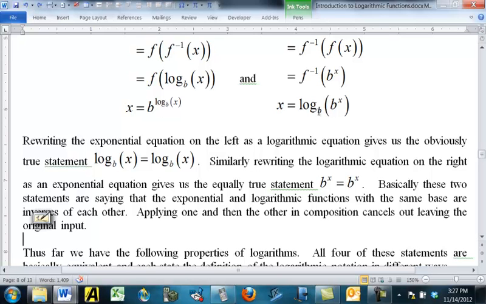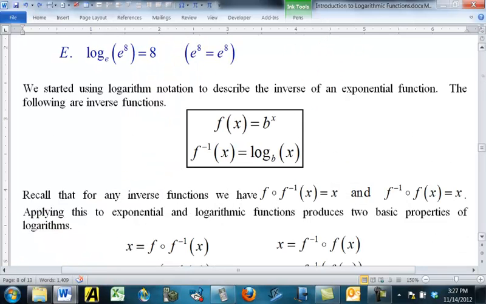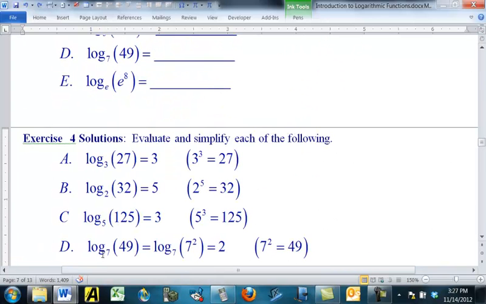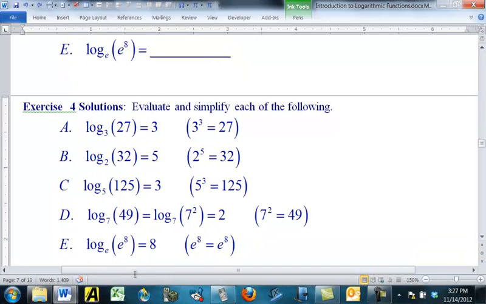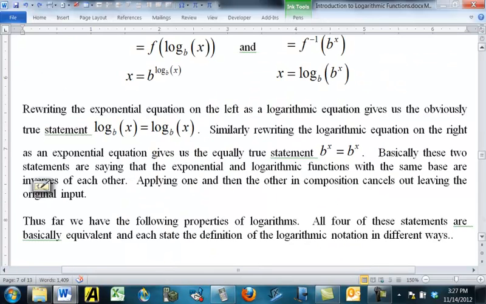And we've already used this version over here, which actually gets used even more often, which is log base b of b to the x is just x. So we actually use that property right here. Log base 7 of 7 to the second, they cancel each other out, just leaving a 2. Log base e of e to the 8, they cancel each other out, just leaving the 8. As long as those bases are the same, they cancel each other out.